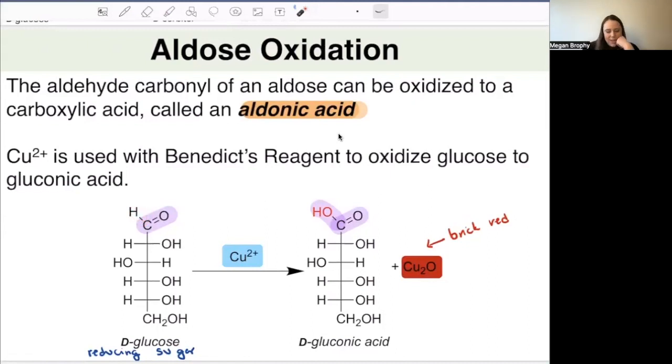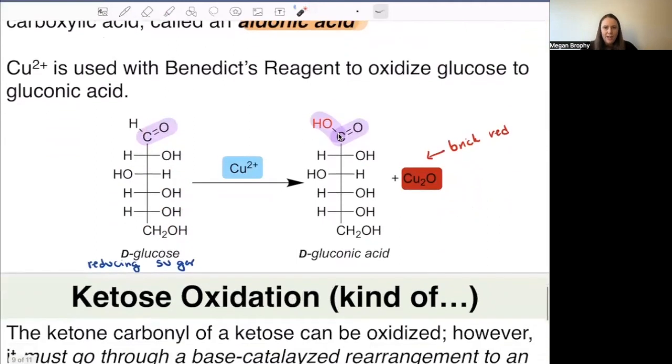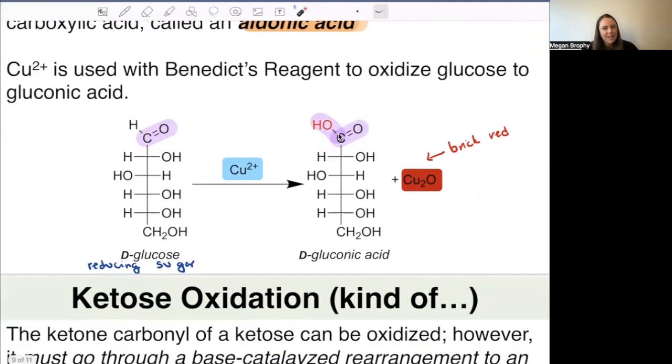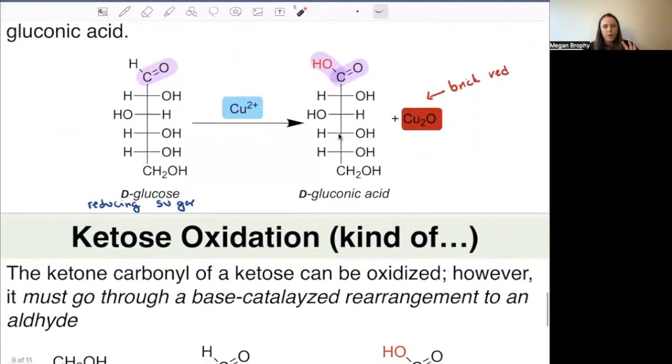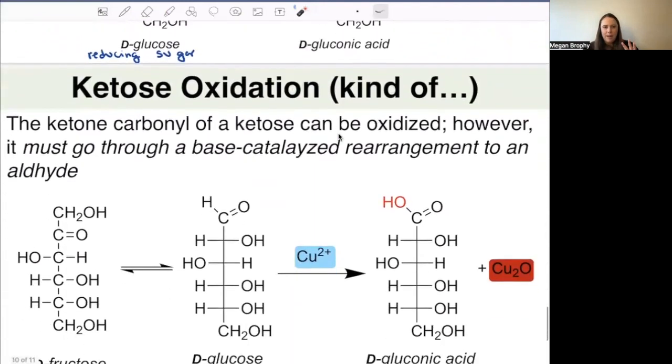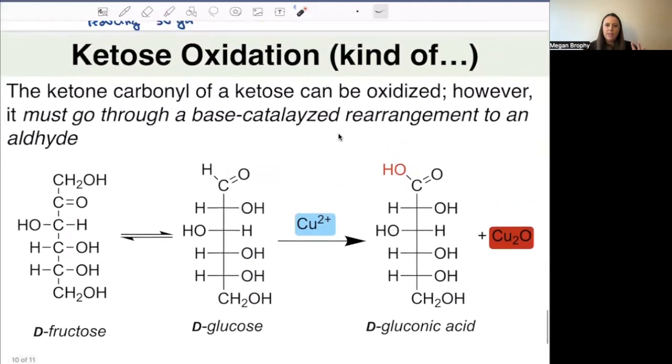With carbohydrates, because we have all of these extra hydroxyl groups, it does introduce a new type of reactivity. So ketoses can be oxidized, but not directly. There's a rearrangement step that has to happen first.